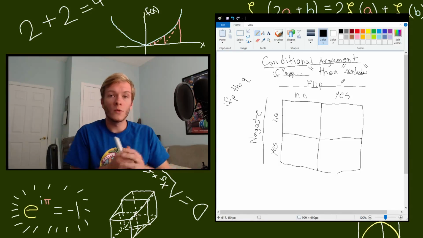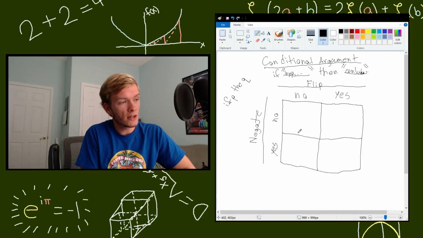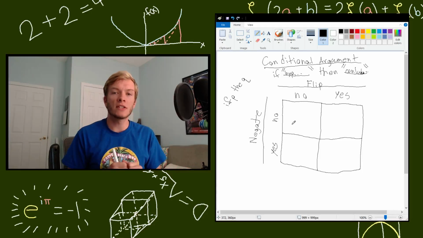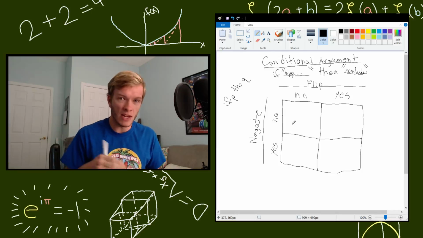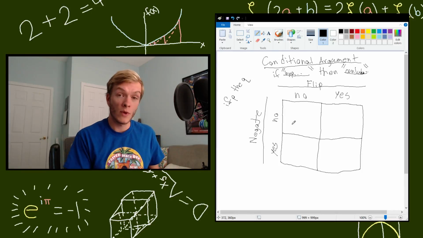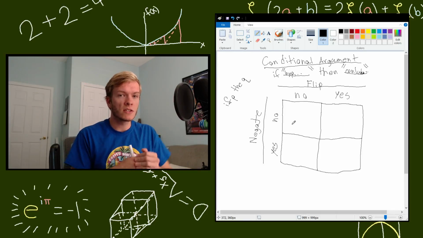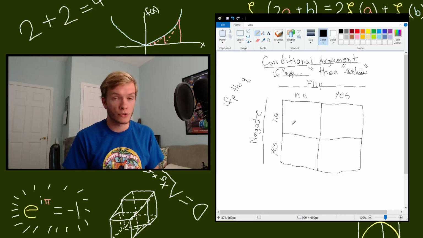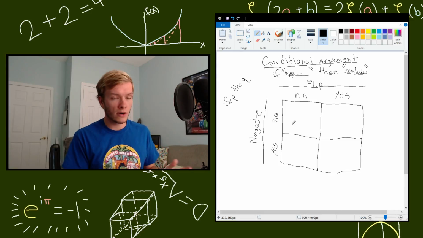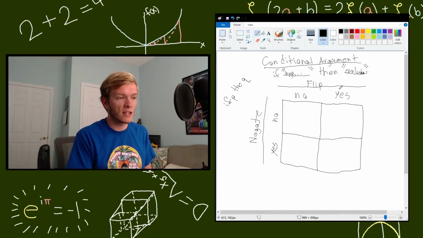So what we can do with this is we can check to see, let's say that the original statement, if P then Q, was correct or true, then there are some things we can check to see if the other orientations of those statements are true. And if they are, or if they aren't, we can learn a little bit more about that statement.